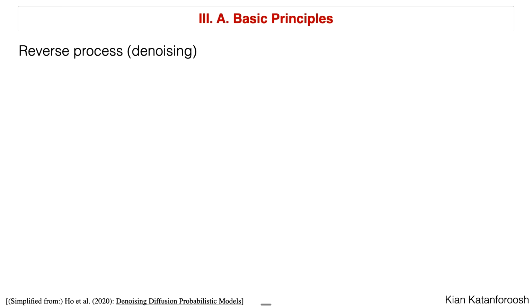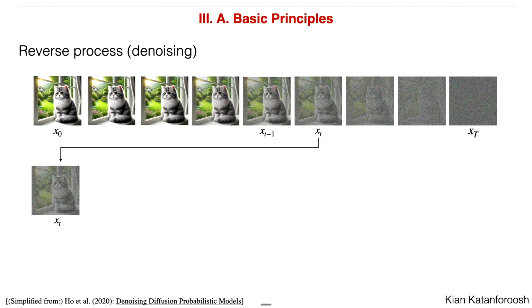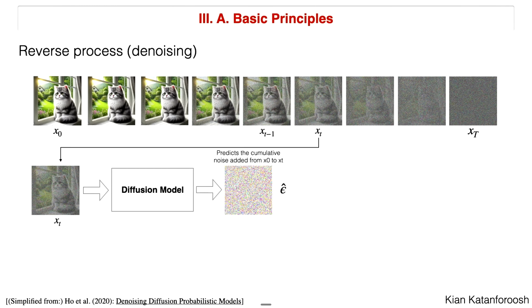Now, what we're actually learning is the reverse process, also called denoising. Here's how denoising works. We take the same process that we had with all our T pictures. We take xt and we build a neural network, a diffusion model that will predict epsilon hat.